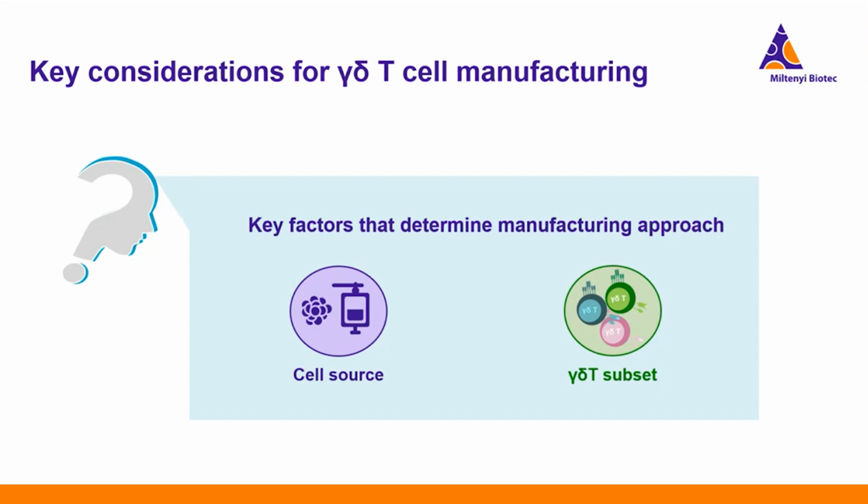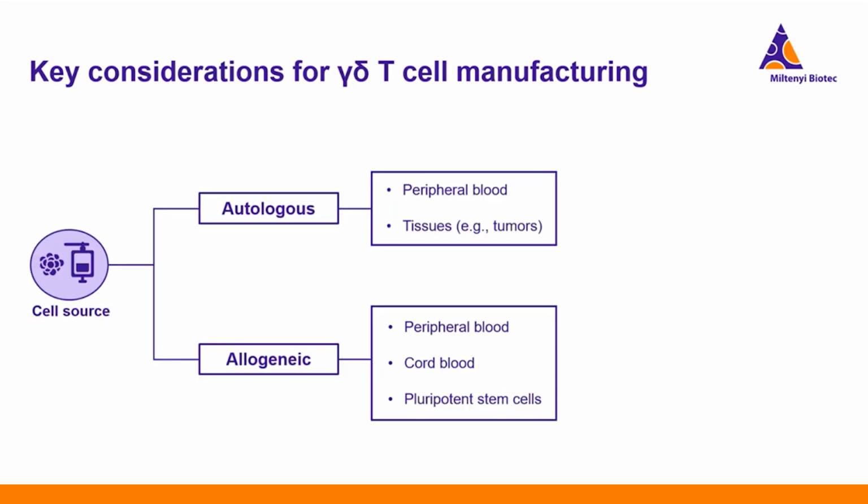Now, if we focus on the establishment of a process to manufacture gamma delta T cells, before we start, there are two key considerations or two main factors that we need to keep in mind when establishing our manufacturing process. And these are the cell source that we want to use and the gamma delta T cell subset that we want to focus on.